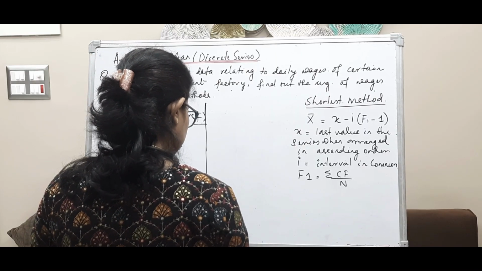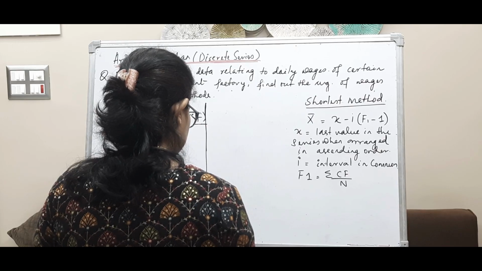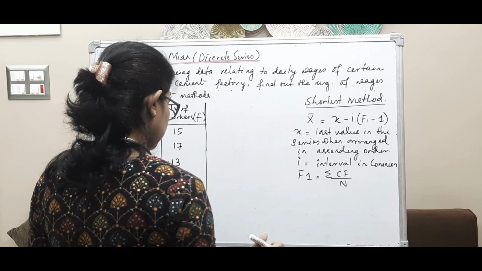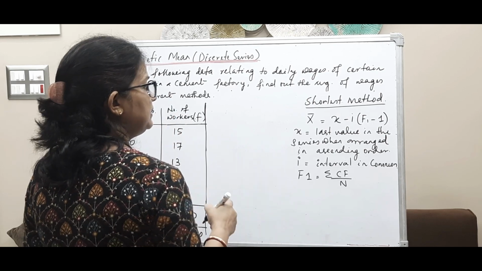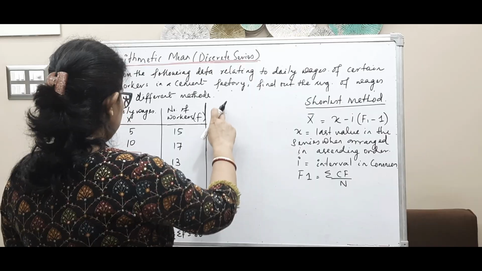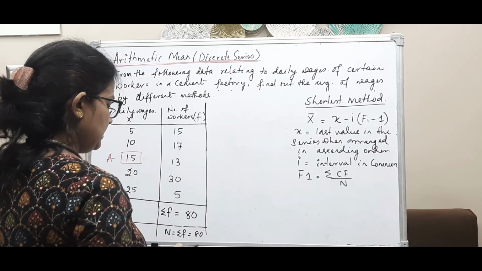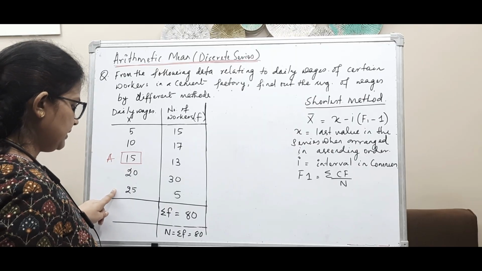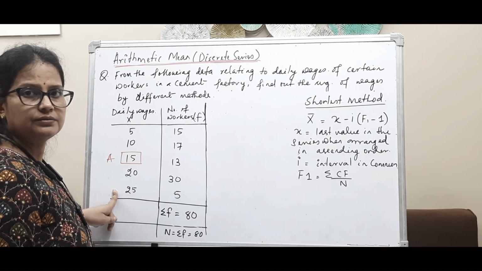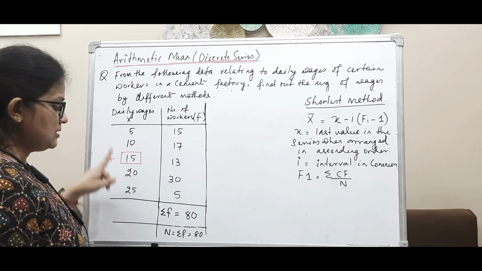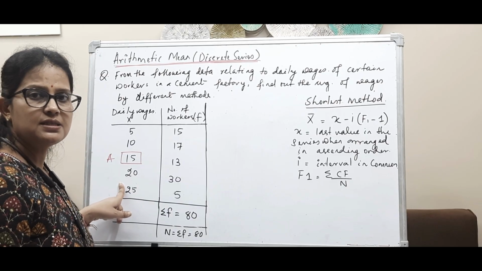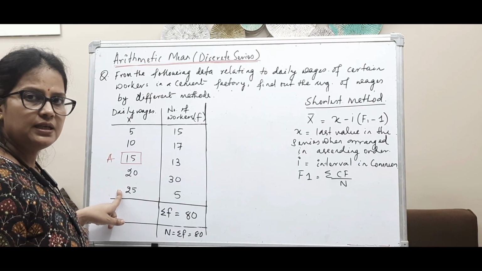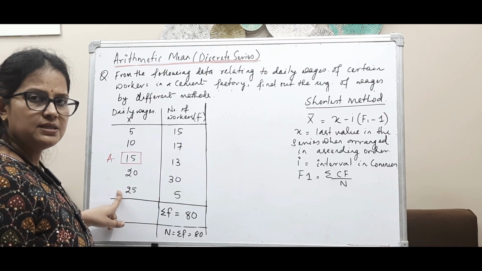So what do you need to find in this case? First, we have to arrange the series in ascending order. If you see here, the series is already arranged in ascending order. If the series is not arranged, then we have to arrange it. But in this case it is already arranged, so no need to arrange it further.